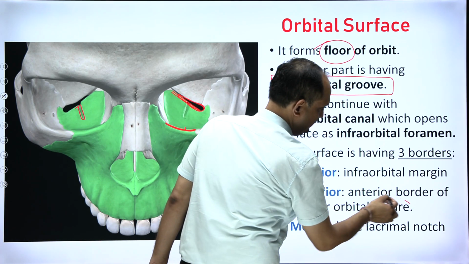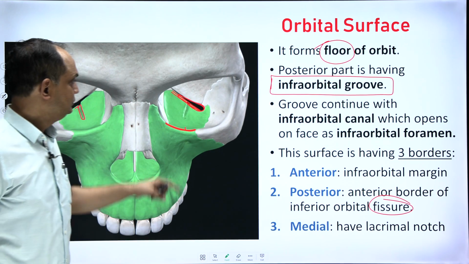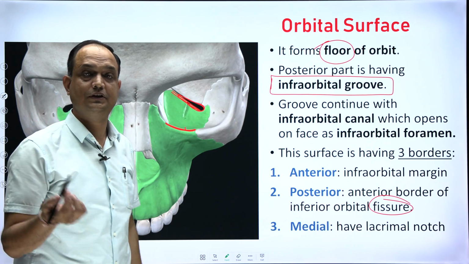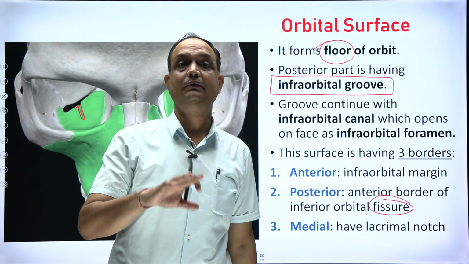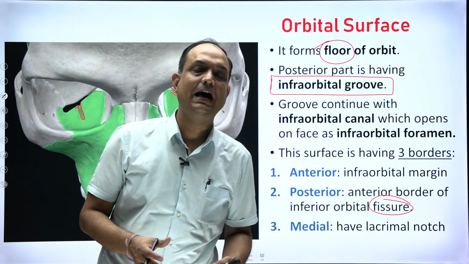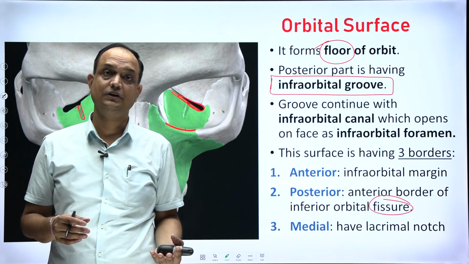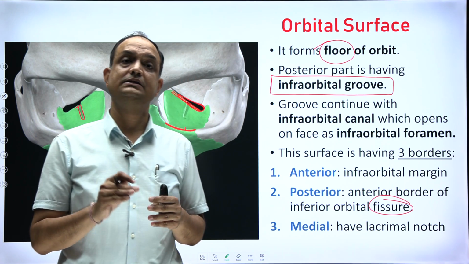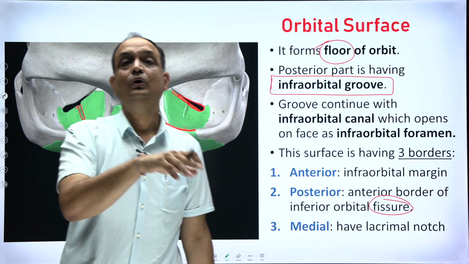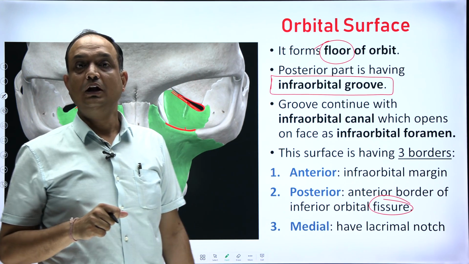So this posterior border forms the anterior margin of inferior orbital fissure, which is a communication between the orbit and infratemporal fossa. So sometimes you have this question, what is the communication of the orbit? So one is inferior orbital fissure, which is communicating the orbit to your infratemporal fossa.